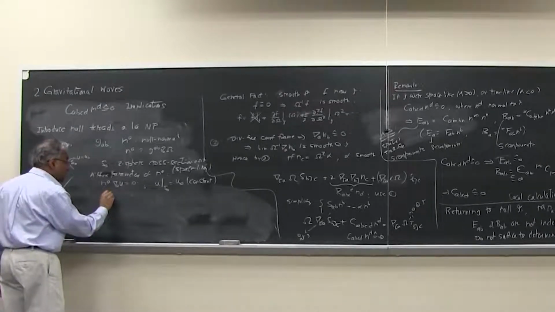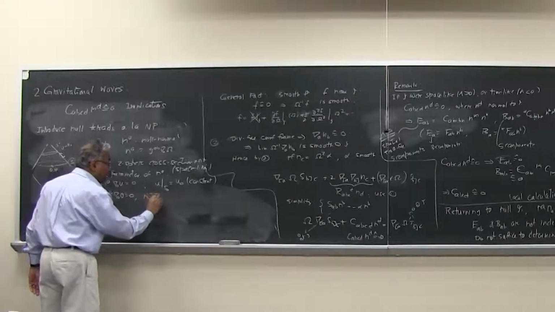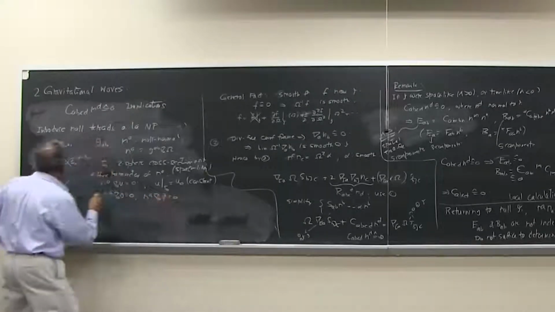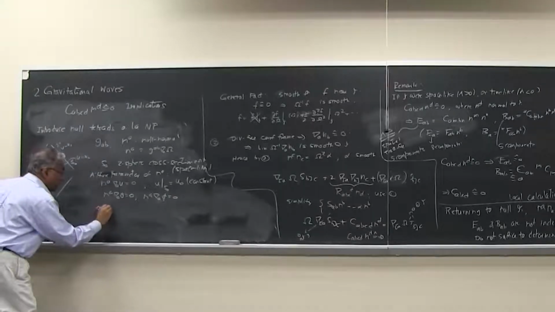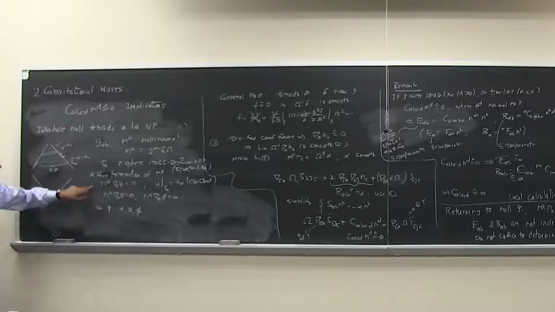And so I can just ask L_n theta equal to 0, L_n phi equal to 0, and therefore I obtain coordinates u, theta, phi, where u is the affine parameter of n, and theta and phi are constant along every generator of Scri, along every integral curve of n. So I just get u, theta, phi as the coordinates.